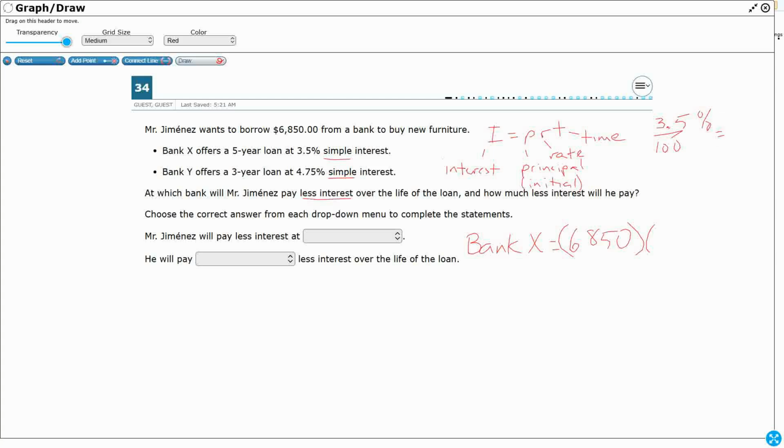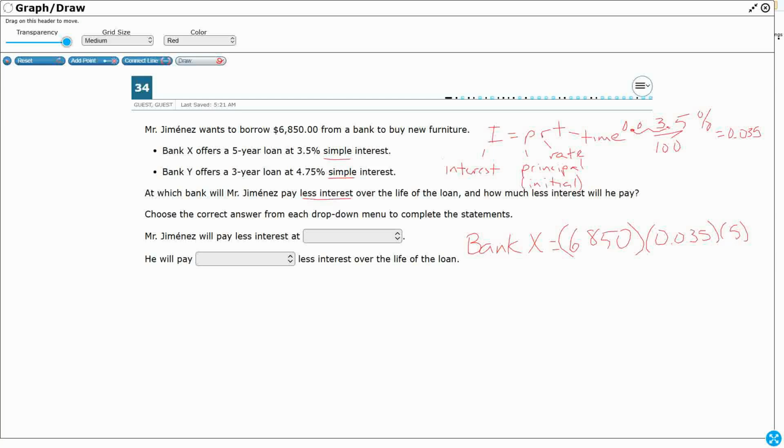So we need to put the 3, since it's the last whole number, in the hundredths place. So you can either do it like this, or you could just move the decimal over twice to the left. Either one works. 0.035, and that is for 5 years.